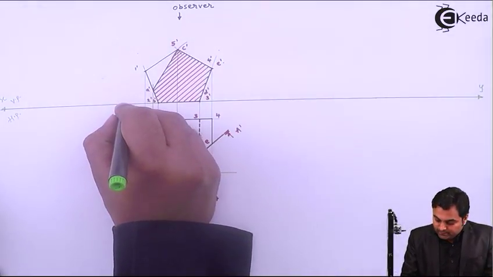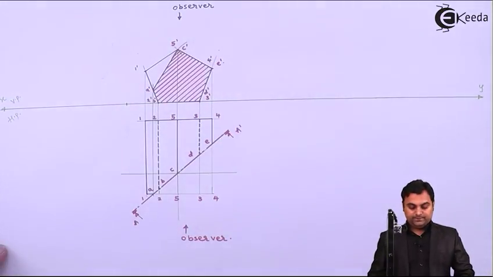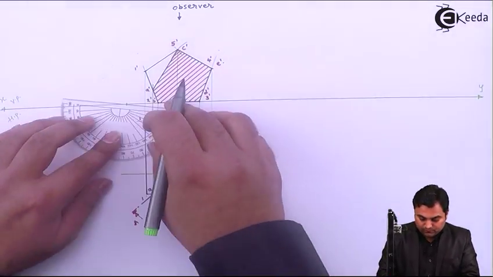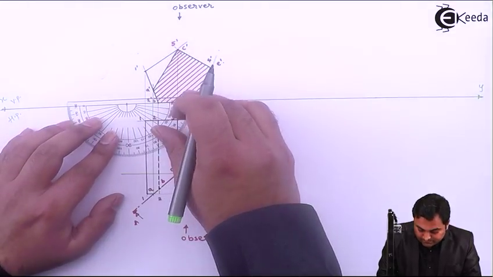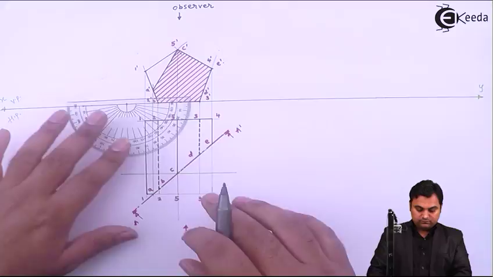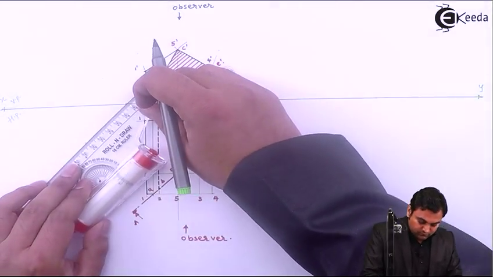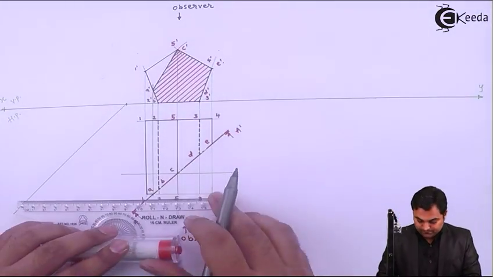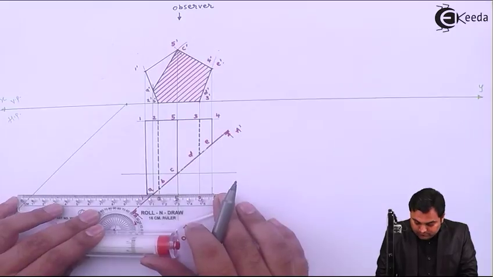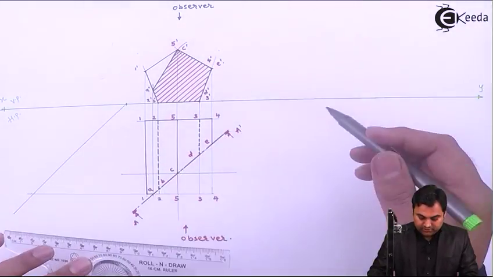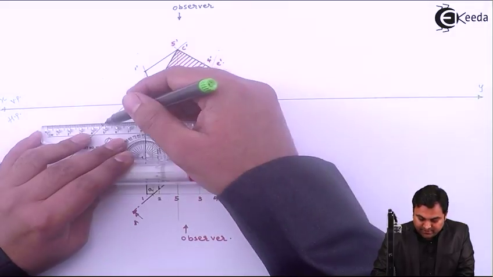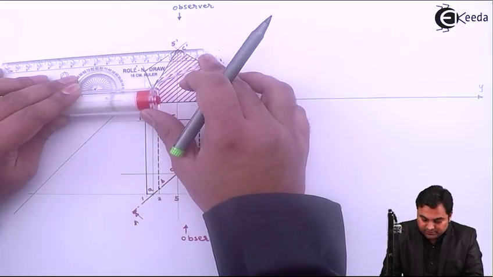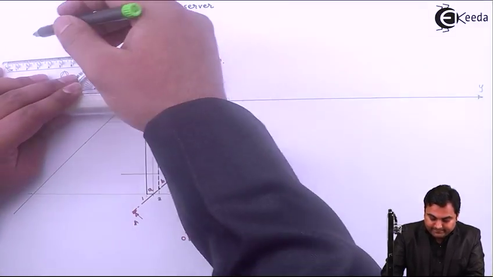And for that, measuring here, taking a point, measuring an angle of 45 degree, drawing a light line through it, projecting the length, which is 70 mm length, or we can say actually that is the height.